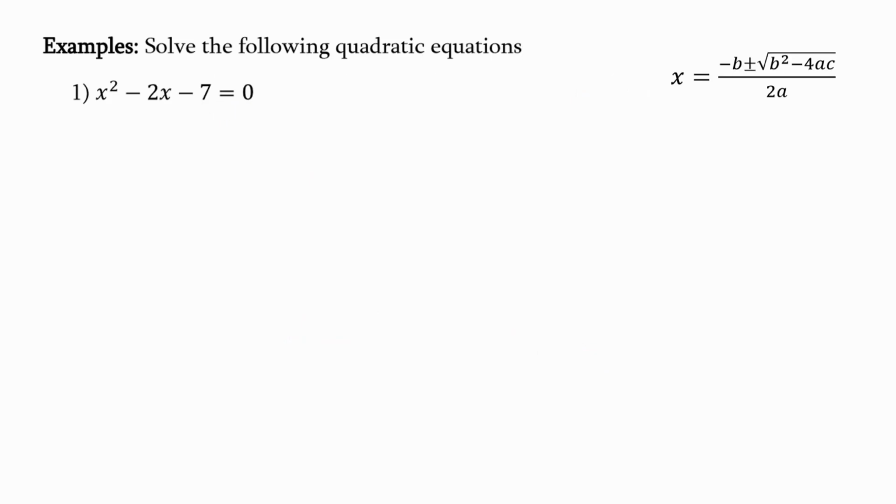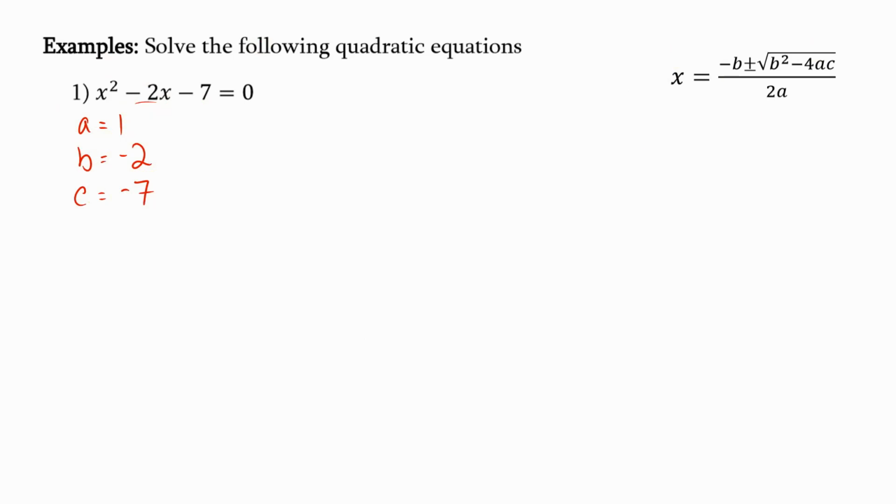Looking at this example here, solve the following quadratic equations. Here, our a is 1, our b value is -2, and our c value is -7.